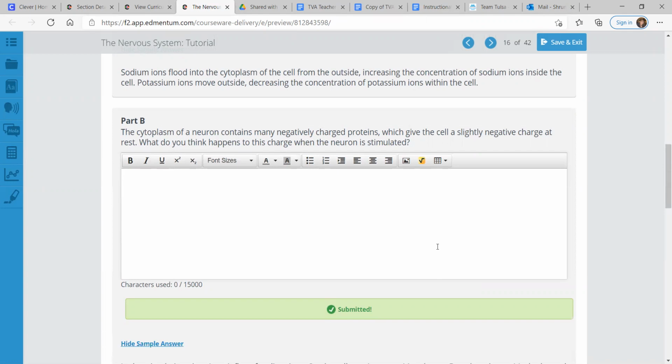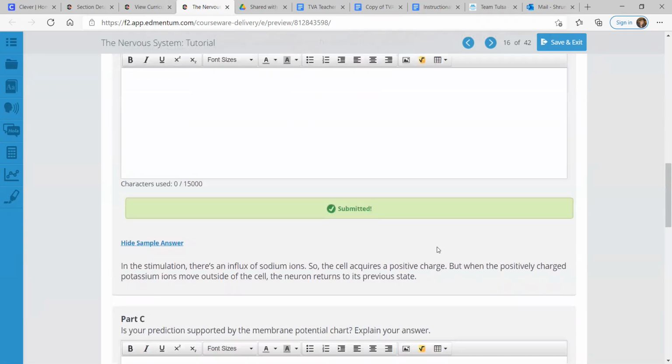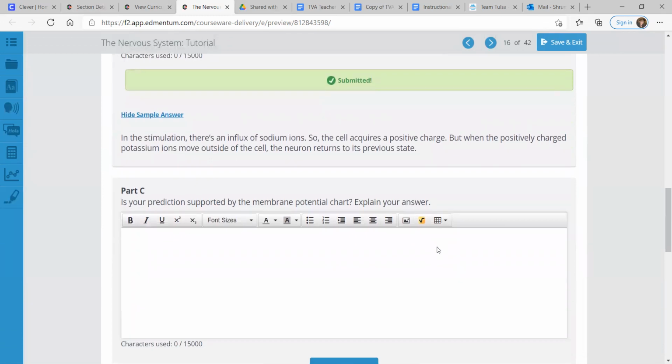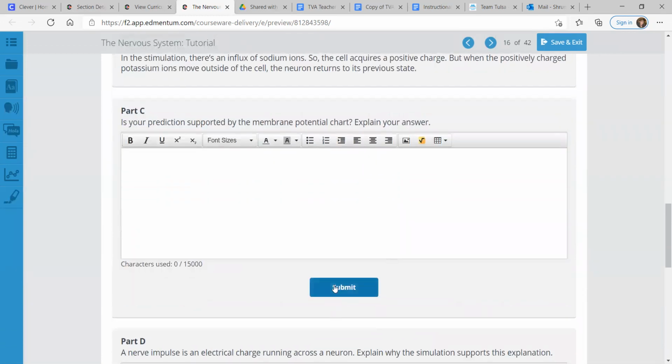What do you think happens to this charge when the neuron is stimulated? When it's stimulated, there is an influx of sodium ions, and those ions are positive. So the cell acquires a positive charge. But when the positively charged potassium ions move outside of the cell, it returns to the previous state. So it's excited, but then it goes back to the previous state.